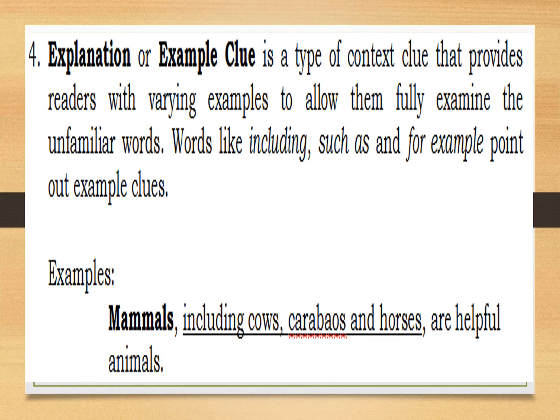Number 4. Explanation or example clue is a type of context clue that provides readers with varying examples to allow them to fully examine the unfamiliar words. Words like including, such as, and for example point out example clues. Examples: mammals, including cows, carabaos, and horses, are helpful animals.